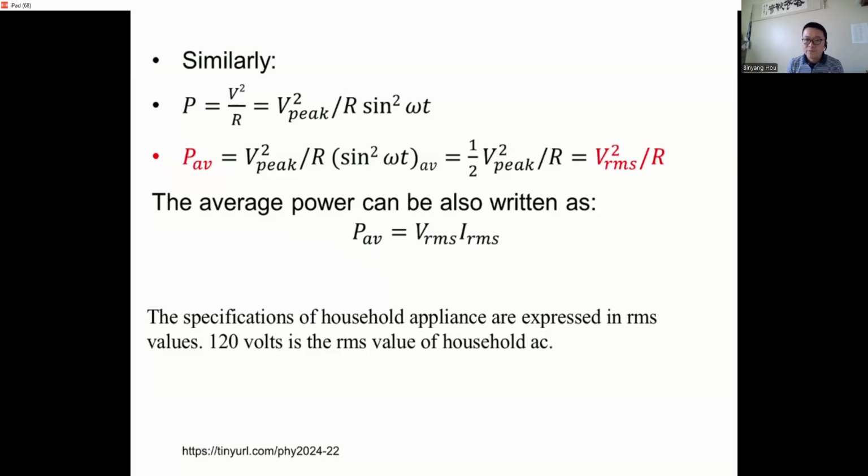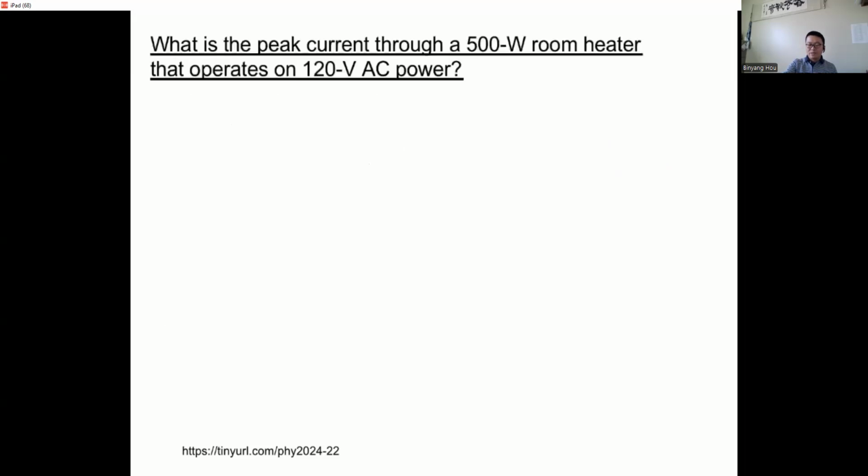Its current and voltage both refer to the RMS quantities, root mean square quantities. Household appliances are expressed in RMS values, so the power, the voltage, and the current are all RMS quantities.